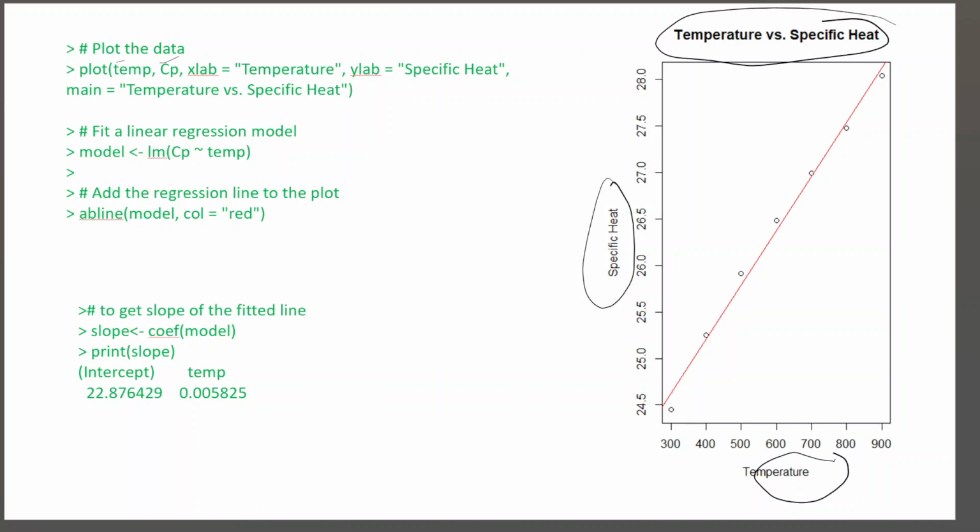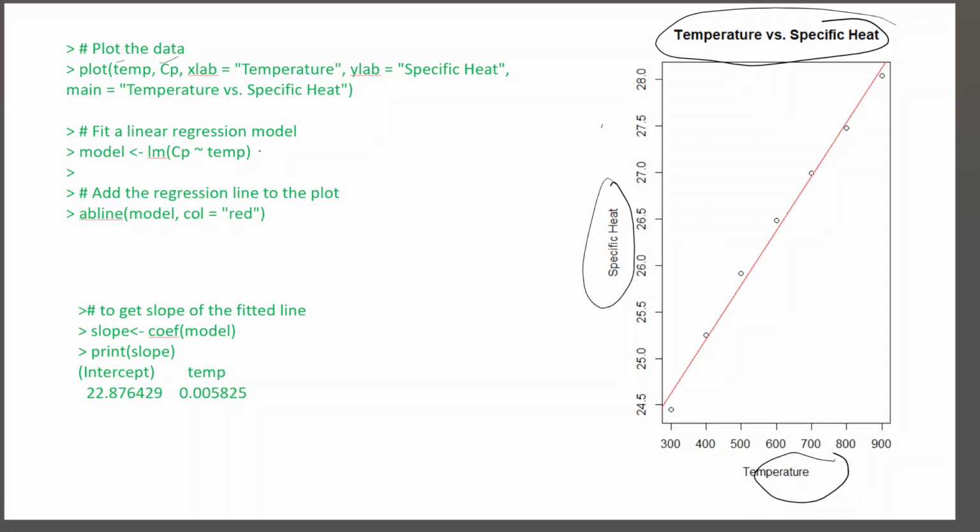So now we are trying to fit the linear regression model to draw a line. So model is the linear regression model, lm of Cp with respect to temperature. Now we are using abline with the model.